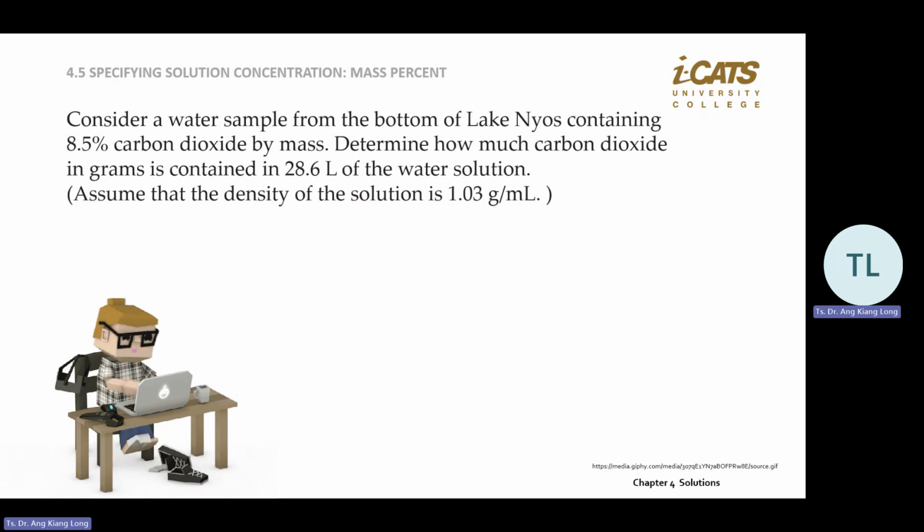So you write percentage by mass equals mass of solute divided by the total solution mass, multiplied by 100%, or X grams of solute divided by 100 grams of solution. Then back to the question: 8.5% carbon dioxide, CO2. Determine how much CO2 in grams is contained in 2.8 liters of water, and it gives you the density.